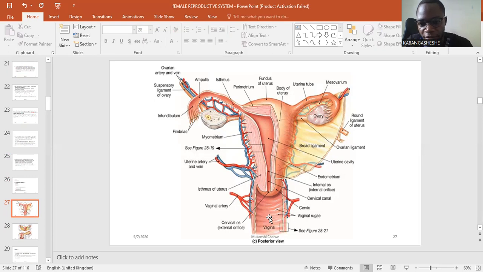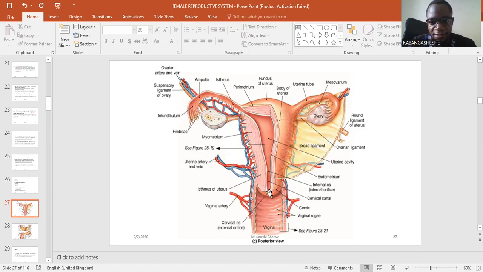Therefore, there are two orifices in the cervix. There's an external orifice connecting the cervical canal to the vagina. Then we have an internal orifice connecting the cervical canal to the uterine cavity. So internal orifice, external orifice.